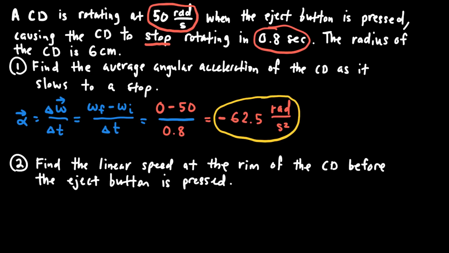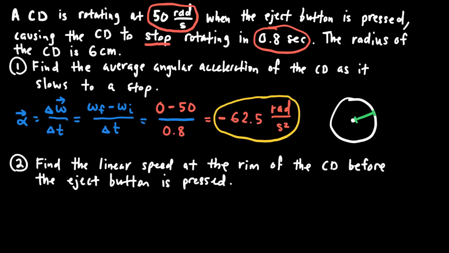The second question asks, find the linear speed at the rim of the CD before the eject button is pressed. So if I imagine a picture of the CD, something like this, then the center of the CD is here, and if the radius of the CD is 6 centimeters, then we're talking about a point which is 6 centimeters away from the center.